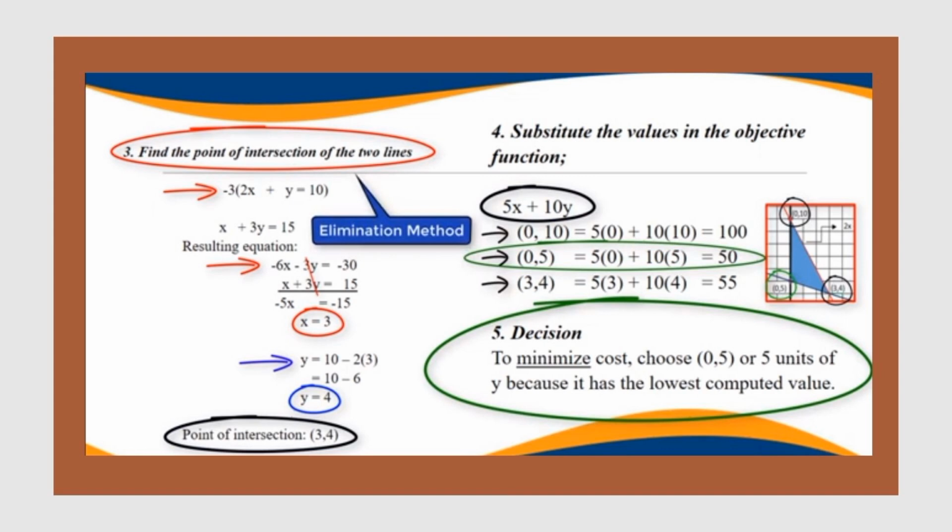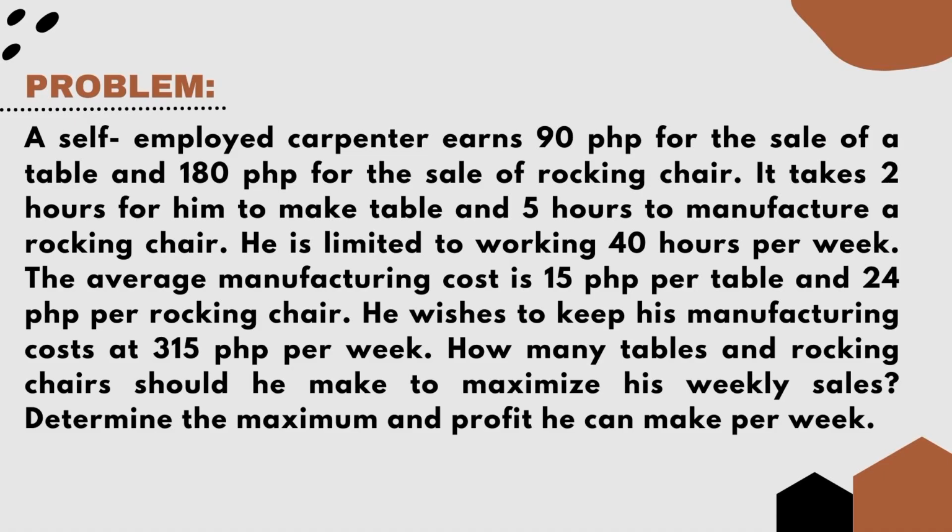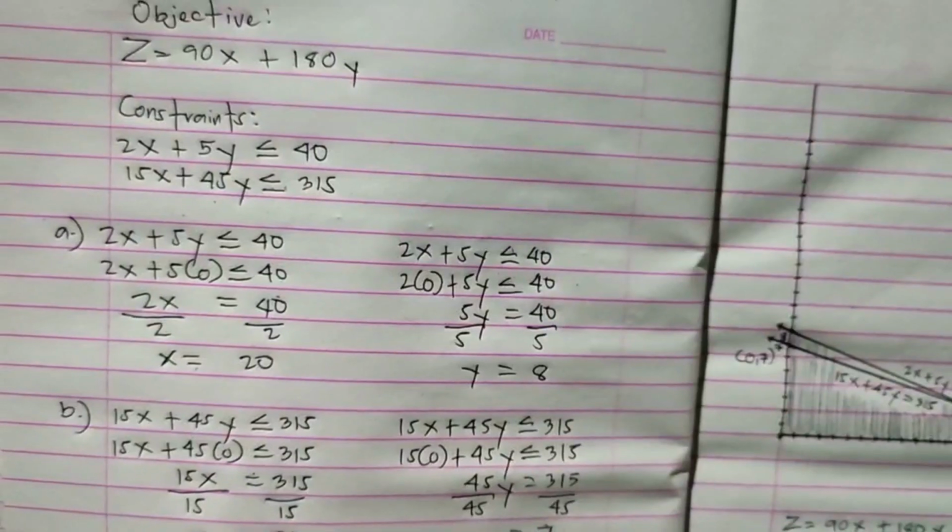Because our objective is to minimize the cost, we need to find the lowest computed value. So here, we can see the lowest computed value is the coordinates of 0 and 5 because it has only 50. So that's it. And let's proceed to another problem that will aid us understand more.